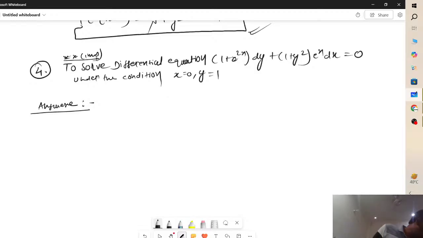Try to analyze how we approach this question. Then, can we proceed to the solution?